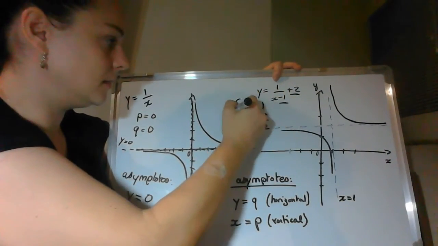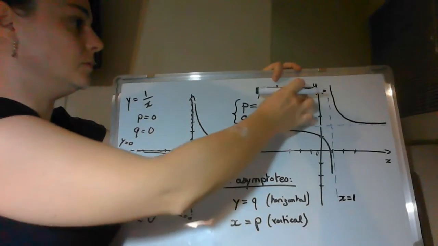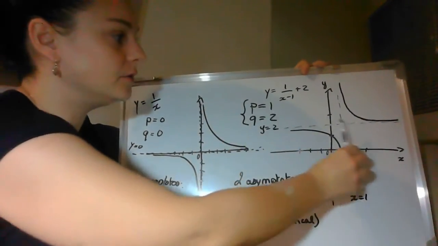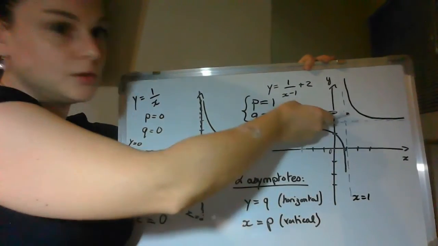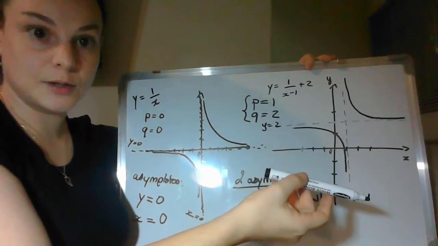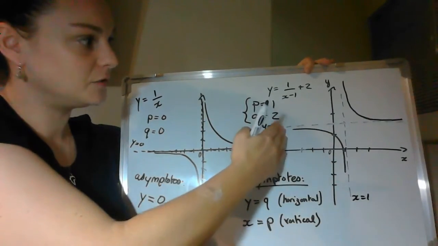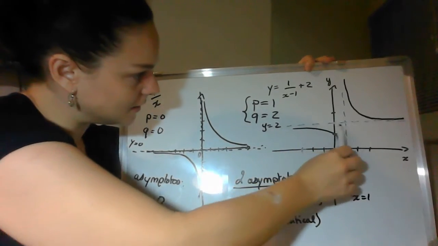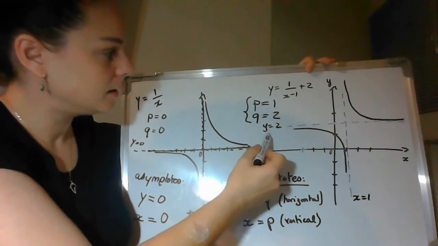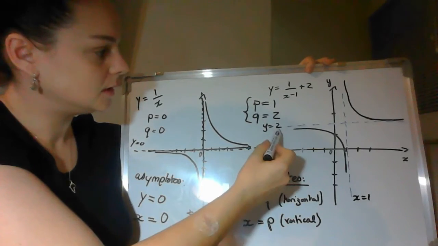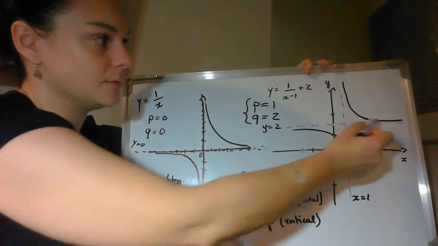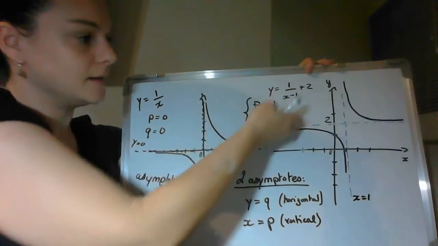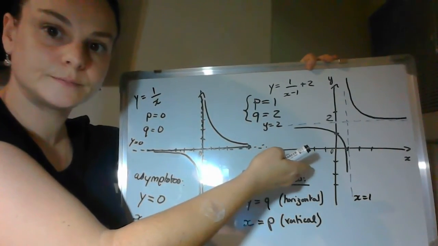So p is 1 and q is 2. Alright, the graph is shifted 1 unit to the right and 2 units up. Well, that's exactly what we have. The two asymptotes are shifted. The horizontal asymptote here is y equals 2. And it splits our right and left arm of the hyperbola.